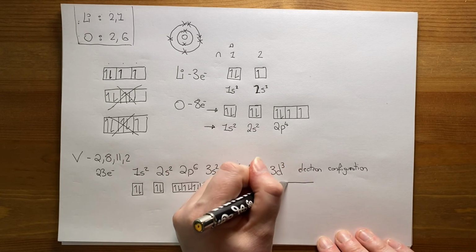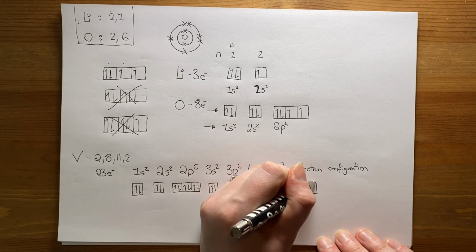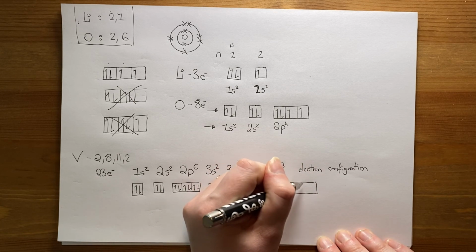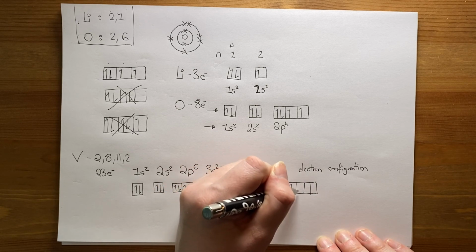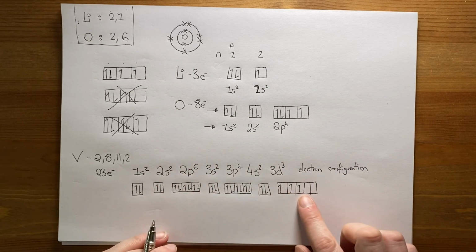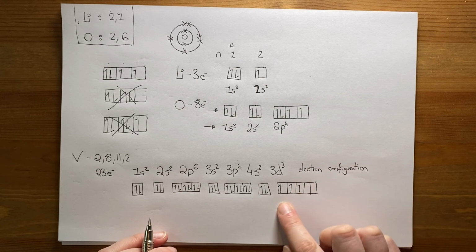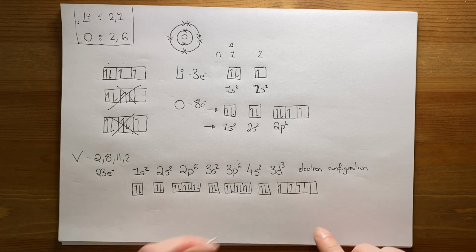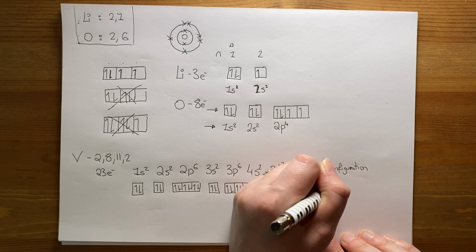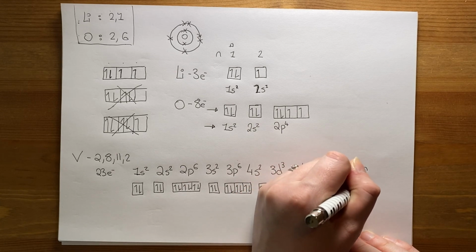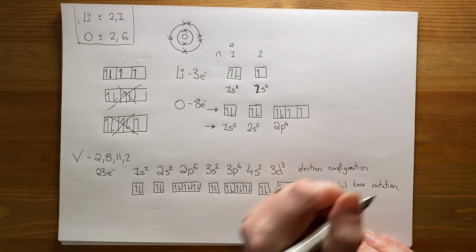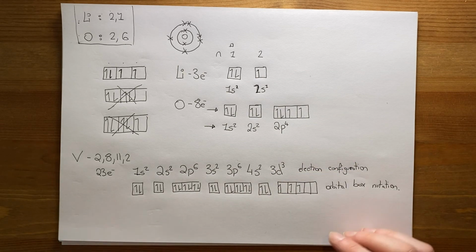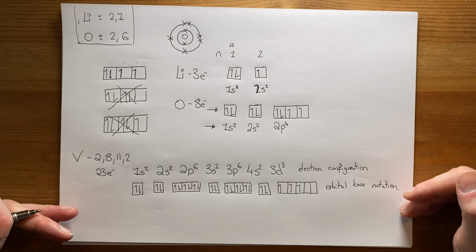And then the d orbitals, remember there are 5 of them in total. 1, 2, 3, oh, tight for space. 1, 2, 3. Now these are all single because I don't have enough to go back round and pair up. Okay, this is my orbital box notation. And that is my electron configuration and my orbital box notation.